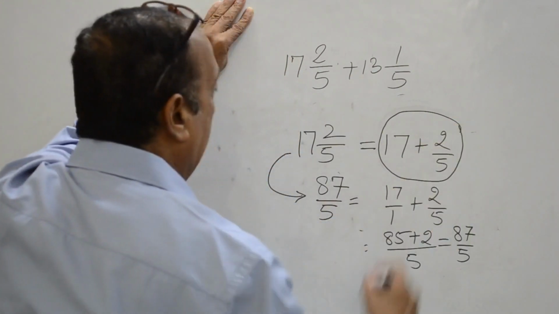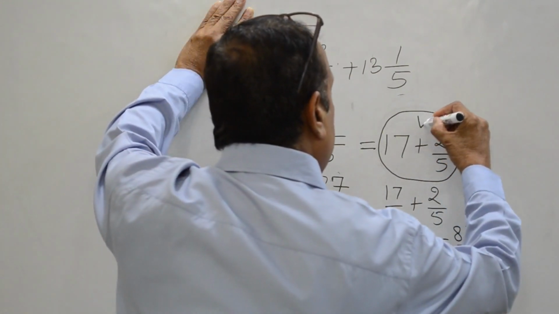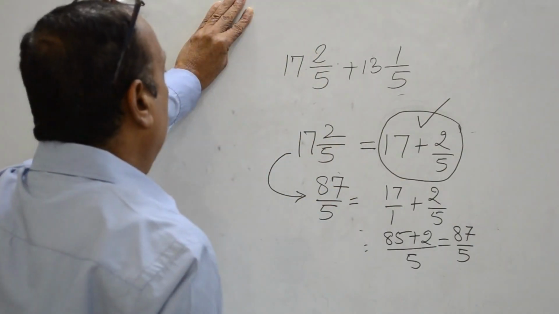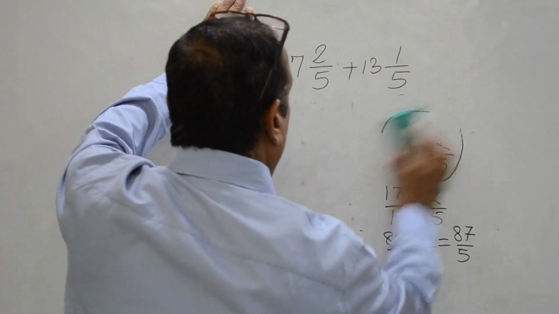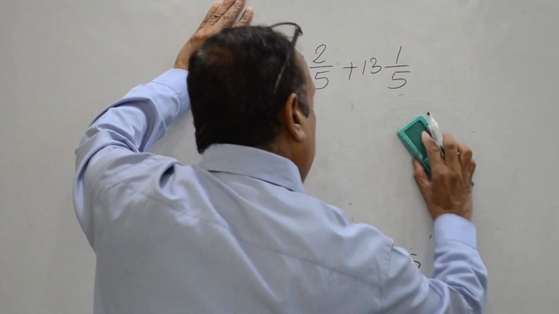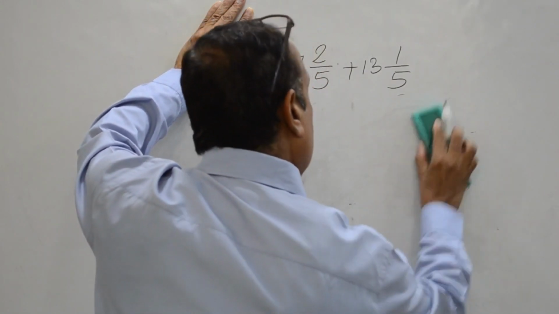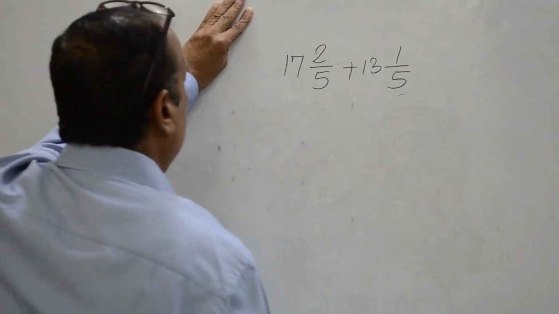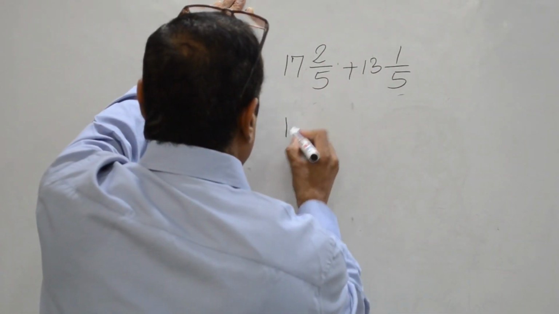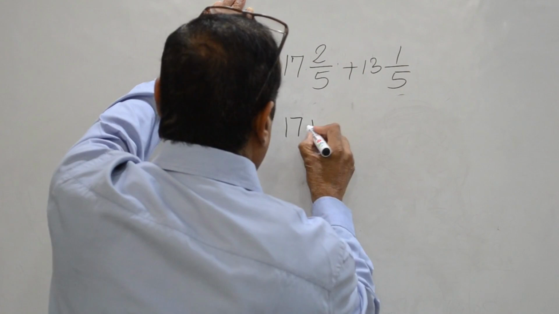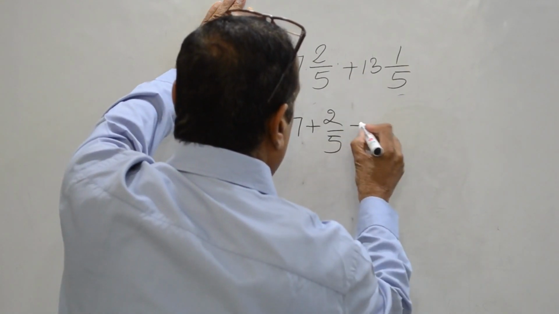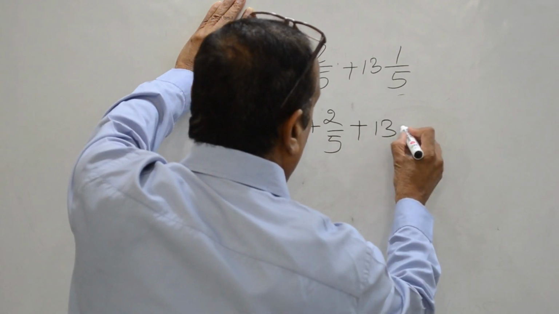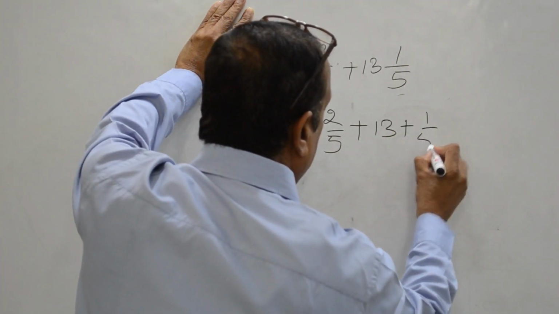By taking the help of this property of mixed numbers, we are going to solve the problems related to mixed numbers. So this becomes 17 plus 2 upon 5 plus 13 plus 1 upon 5.